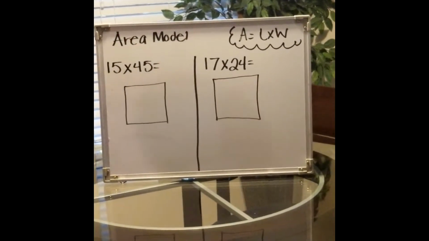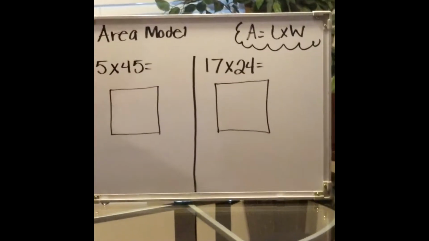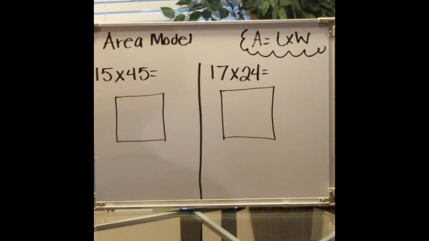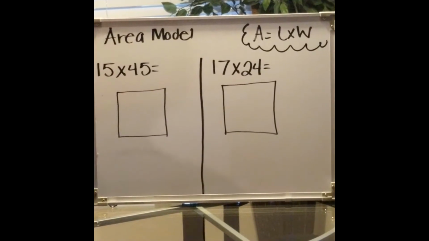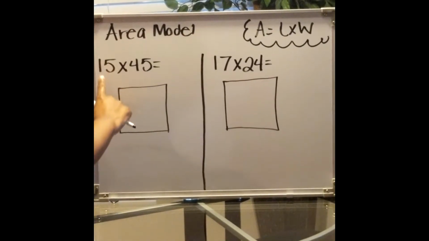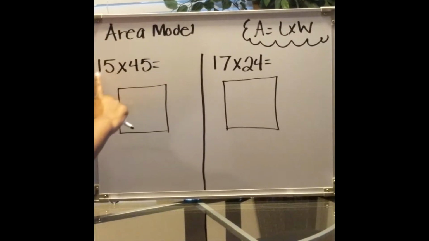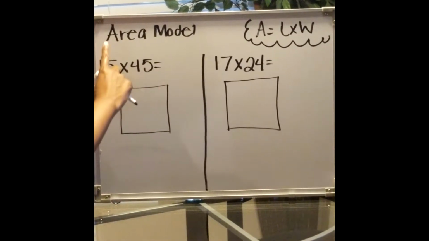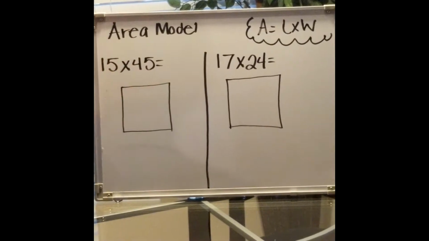Let's get started. I'm going to first start with the number 15. My 15 is going to be my length. I'm going to break it apart. I'm going to decompose it by each digit's value.